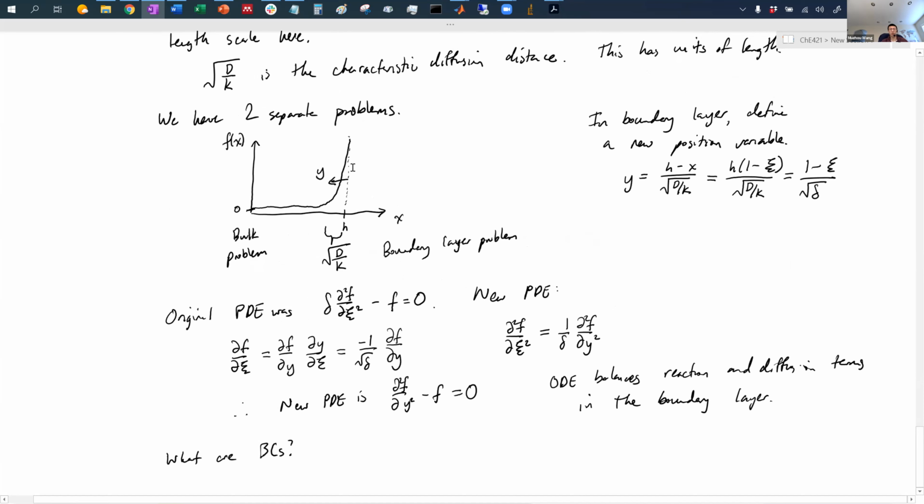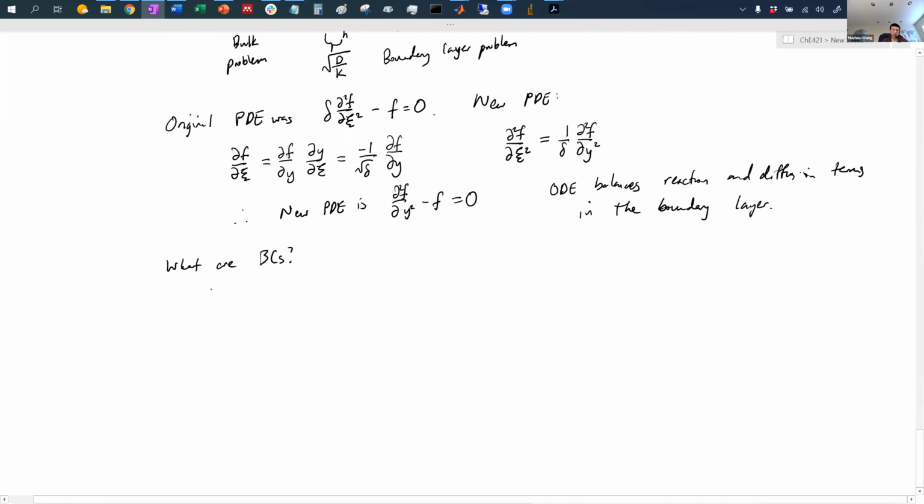When x is equal to h, then y is equal to 0, right? And so what that means is, I'll call this BC1. At y is equal to 0, which again is what happens when x is equal to h, then we have f is equal to 1. Okay?